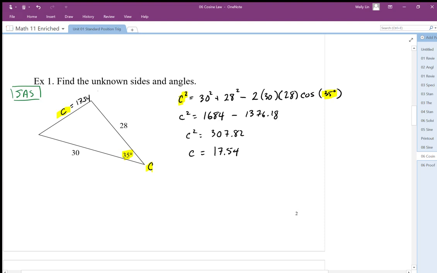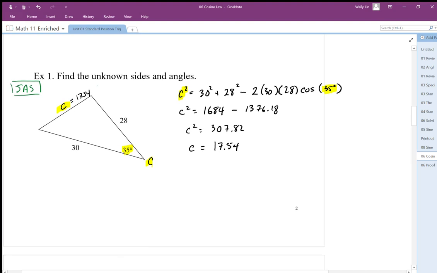Now I've solved for one side. Now I just have to figure out the angles. If I use my sine law here, I now have an angle opposite side pairing, but I'd have to use angle side side, so I may have to worry about the ambiguous case, although if I solve for this side here, I can probably get away with that. To be certain, I'm going to use the cosine law again.